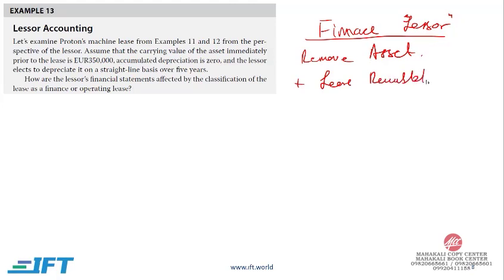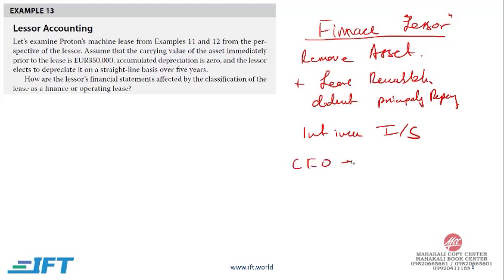Every year the lease receivables would be reduced by the principal repayment the lessor is receiving, and interest income would be reported in the income statement. Any cash receipts the lessor is getting will be included in cash flow from operations.